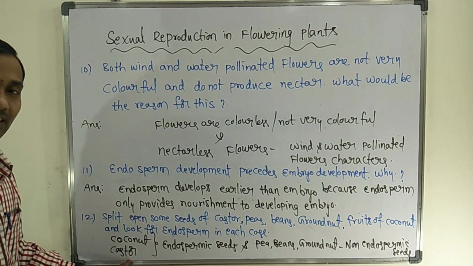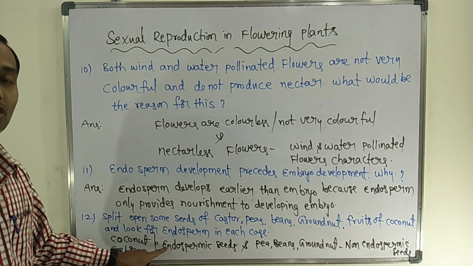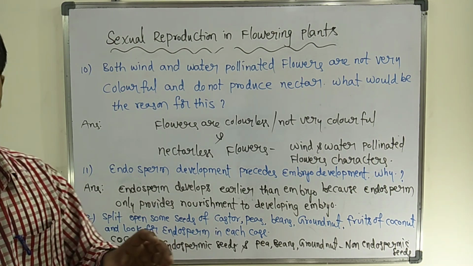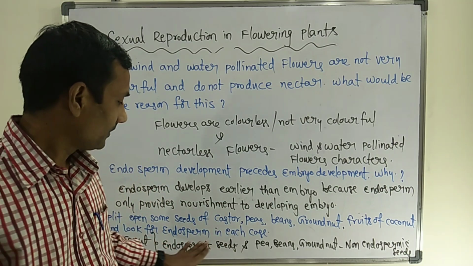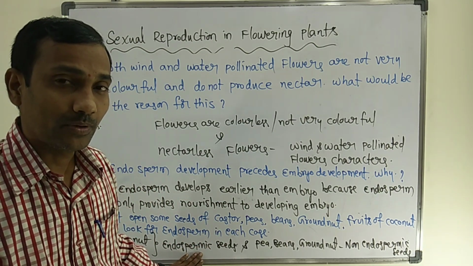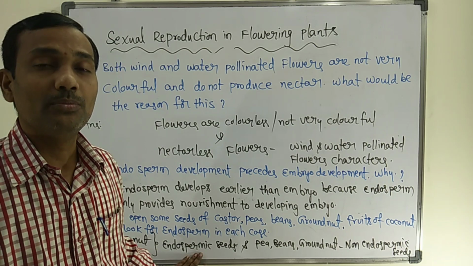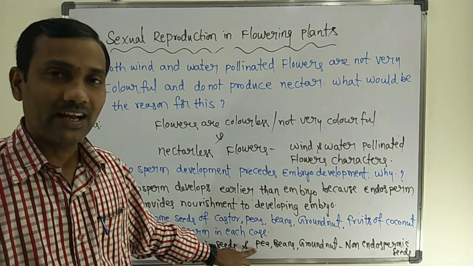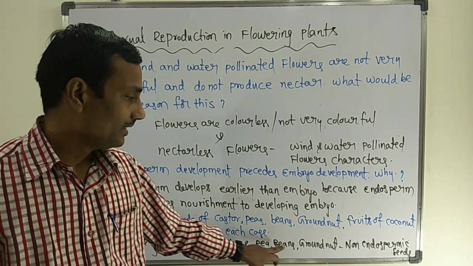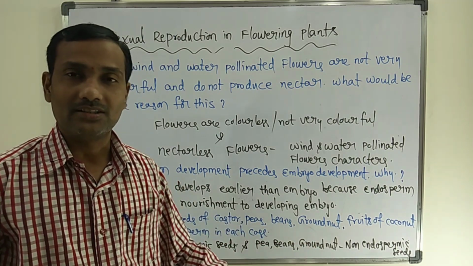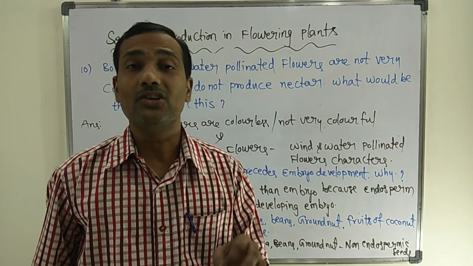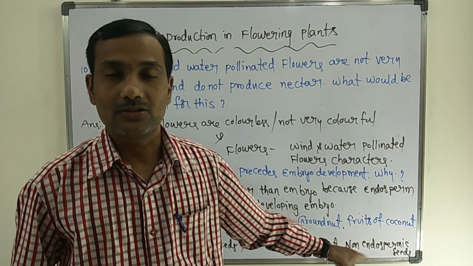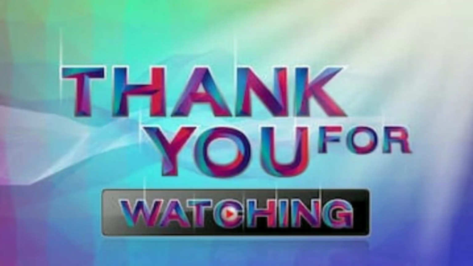Coconut and castor are both endospermic seeds because they contain endosperm, which is triploid tissue. These endospermic seeds are also called albuminous seeds. Whereas pulses like pea, beans, and groundnut are non-endospermic seeds; they do not contain endosperm. These are also called ex-albuminous seeds.